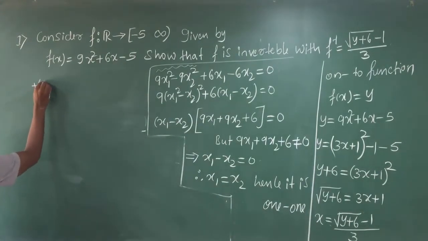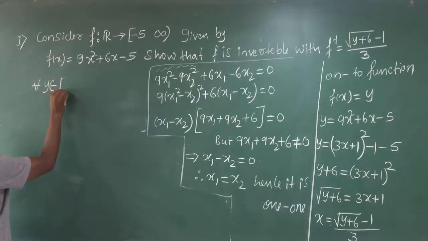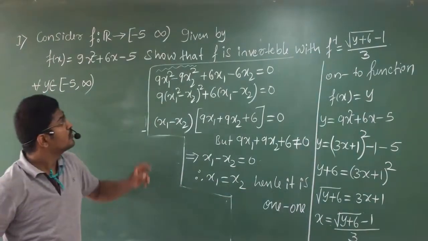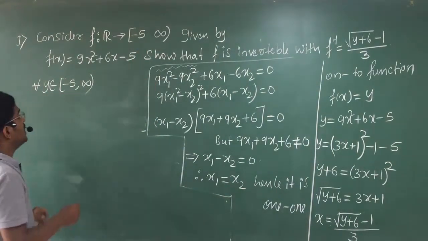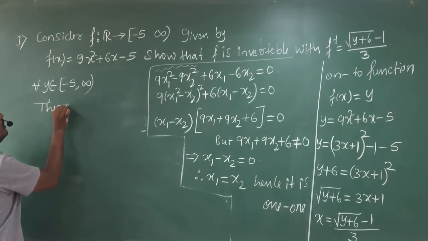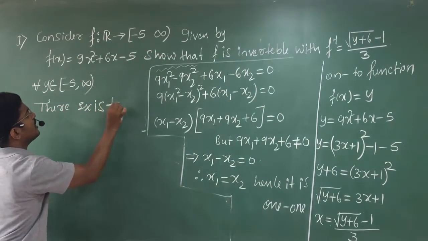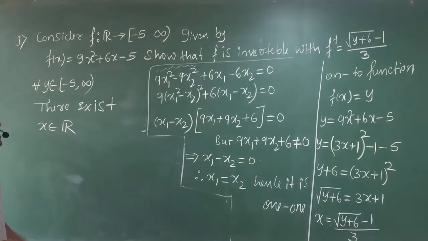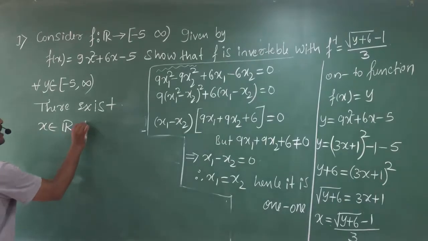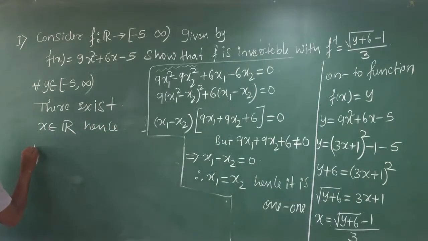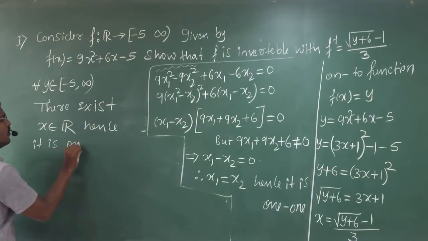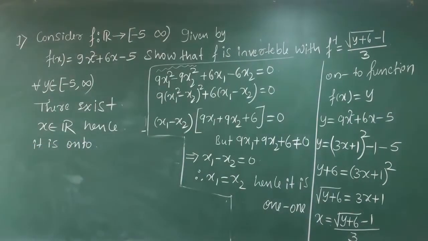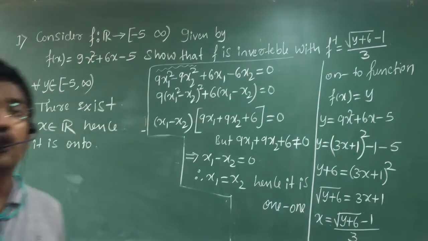For every y belongs to closed interval minus 5 comma infinity, there exist x belongs to R, hence it is onto. Clear? Okay. Hence it is onto. Okay.